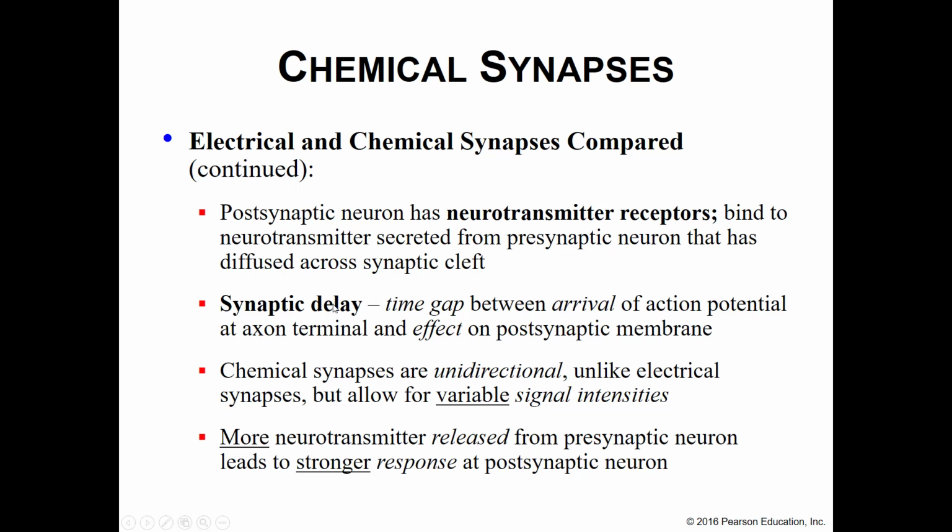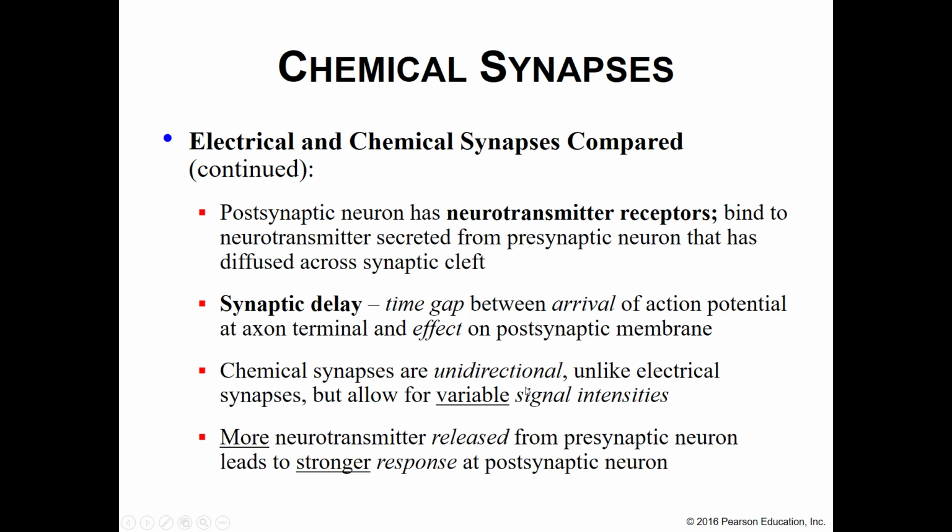With chemical synapses, we have that delay because the neurotransmitter has to diffuse across, and you have to have a neurotransmitter receptor for that particular neurotransmitter. Again, as we pointed out earlier, chemical synapses are unidirectional, whereas electrical are bidirectional, but chemical synapses allow for variable signal intensity.